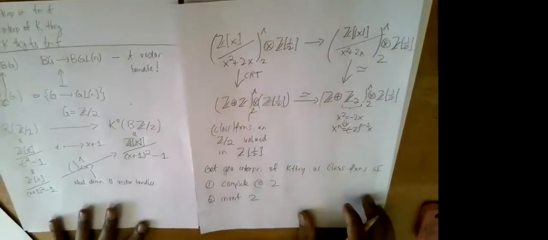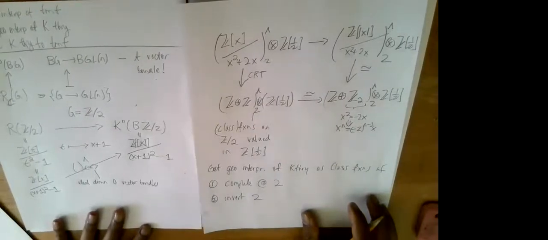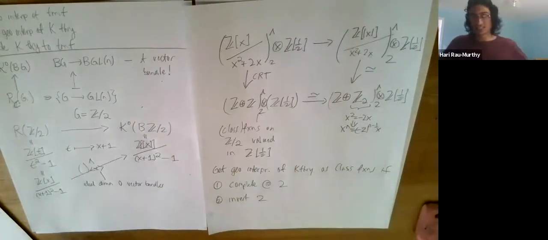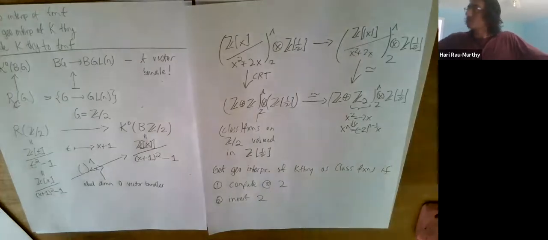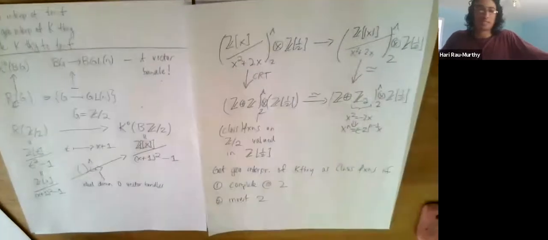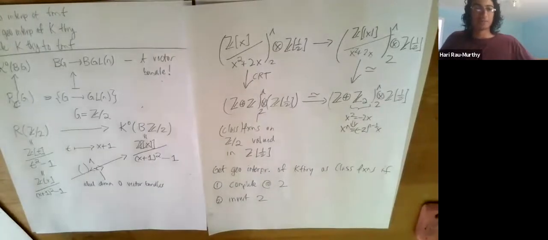What's geometric about class functions? Well, it's sort of like the best thing that we have. So we can't have vector bundles because vector bundles don't generalize nicely to higher height cohomology theories. Then we say, okay, let's look at representations. Well, those don't really work either.